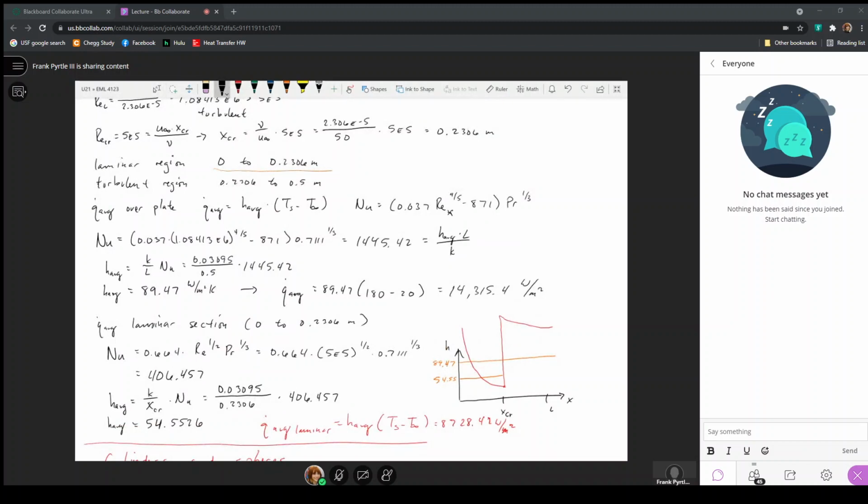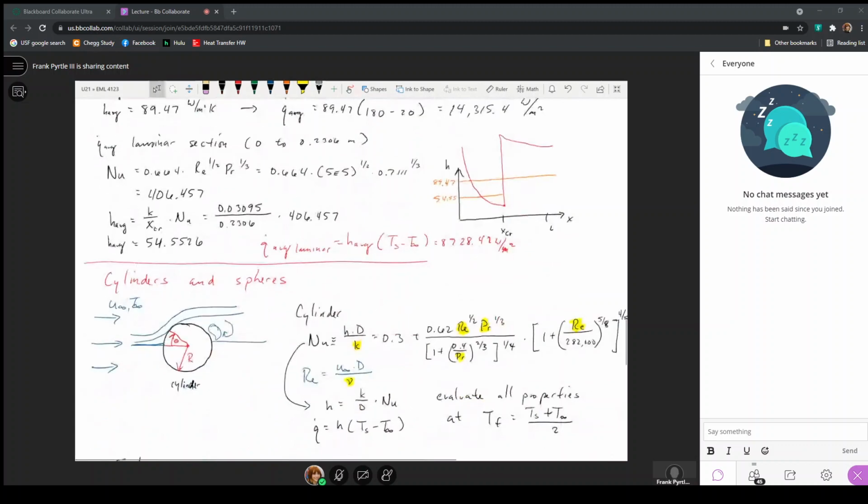This just says that the average heat transfer coefficient in the turbulent section will be higher than this average value, taking into account that there's an average value for the laminar region that is lower than the 89.47. So I drew a qualitative expression of the heat transfer coefficient variation in the laminar region and in the turbulent region that would support these two calculated values for the average heat transfer coefficient in the laminar region and the average over the entire length of the plate.